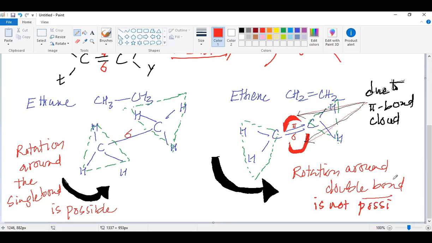Because if you try to rotate it, what happens? This cloud gets disturbed and the bond gets broken.